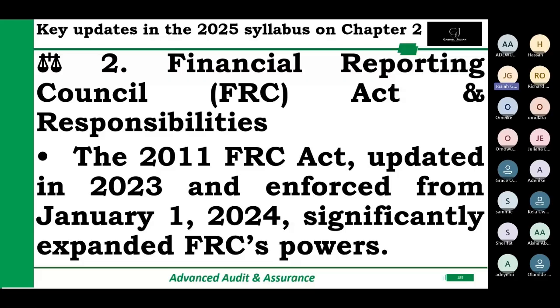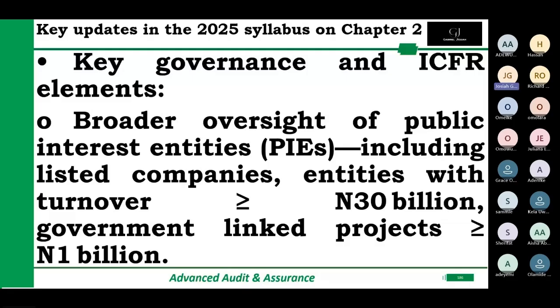So the key governance and ICFR elements include broader oversight of public interest companies, including PLCs, listed companies, entities with turnover of above 30 billion, and any government-linked company with above 1 billion naira is subject to these key governance and ICFR elements.